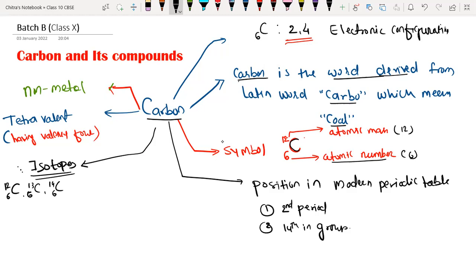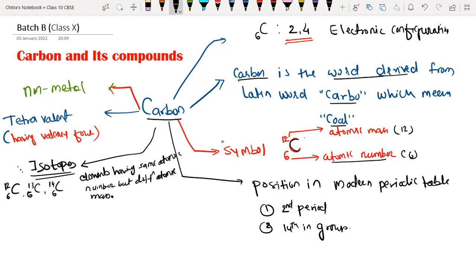So isotope means what? I'm writing here: elements having the same atomic number but different atomic mass numbers are called isotopes.